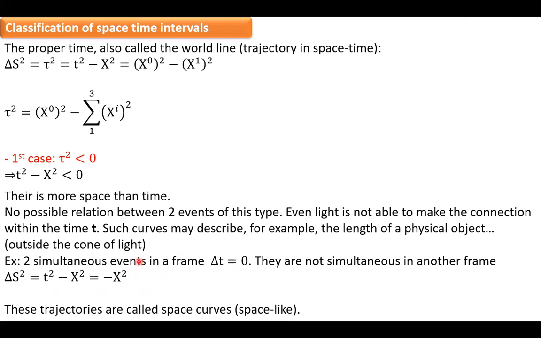So your simultaneous events in your frame would not stay simultaneous in another inertial frame. This type of curve is called a space-like curve, or space-like world line, or space-like trajectory, because you have more space than time.